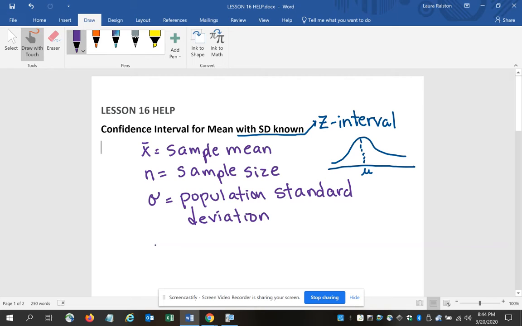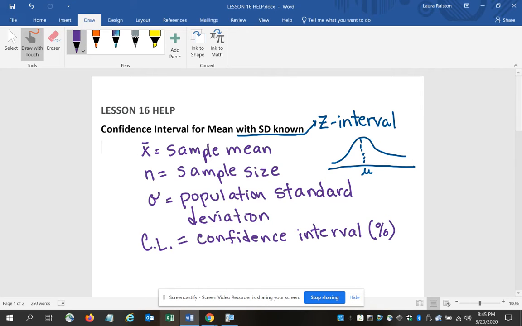You need the confidence level. I'm going to use the abbreviation CL for the confidence level. The confidence level is usually stated as a percentage, although it could be written as a decimal. So just be aware of that.